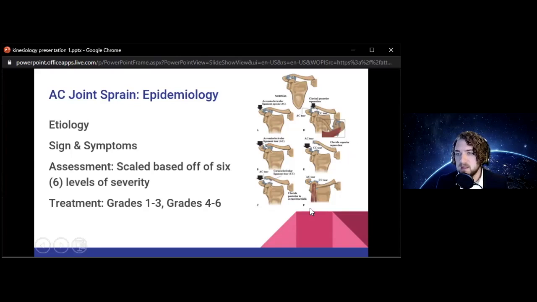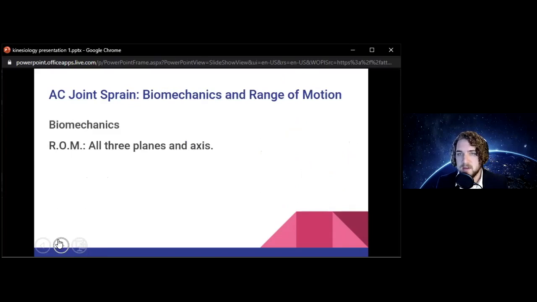Then 5 and 6: 5 is a superior dislocation, and 6 is very severe, and it gets tied up with the coracobrachialis muscle. Grades 1 through 3 are usually treated conservatively, and 4 through 6 require surgical intervention as close as possible.